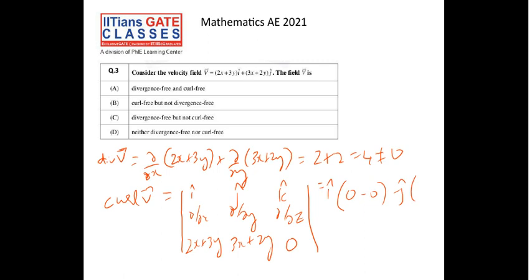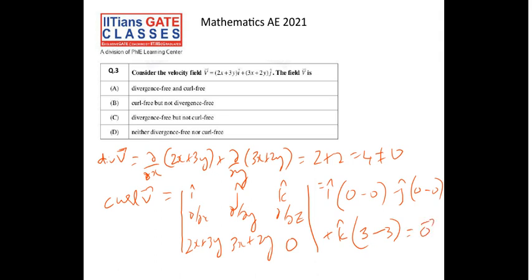Derivative is 0 here, derivative is again 0 here, minus j cap. Dou by dou x of 0 is again 0, minus dou by dou z of 2x plus 3y is again 0, plus k cap. Dou by dou x of 3x plus 2y comes to 3, minus dou by dou y of 2x plus 3y, that also comes to 3.